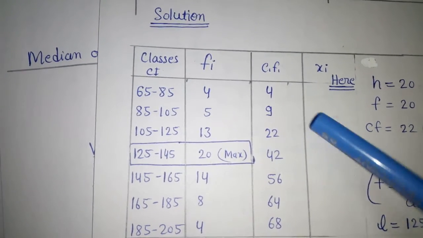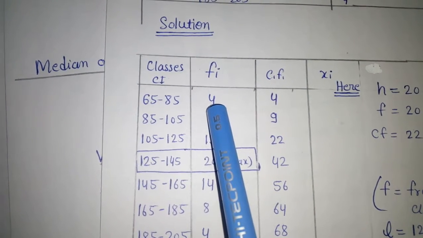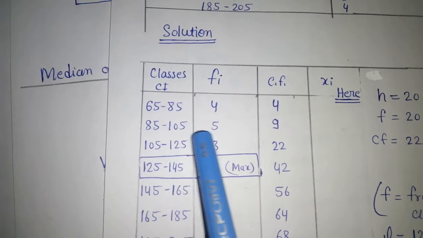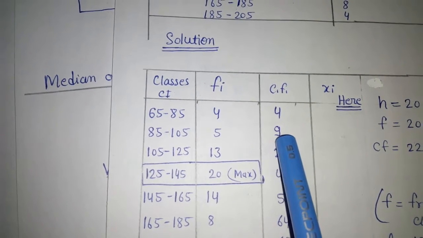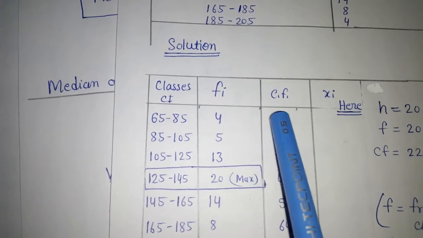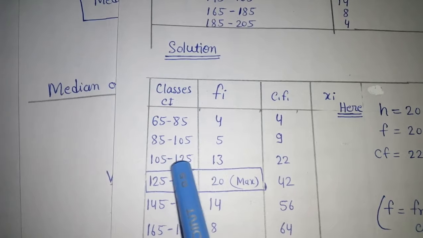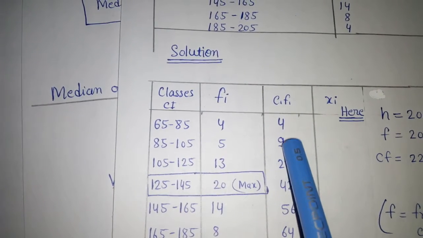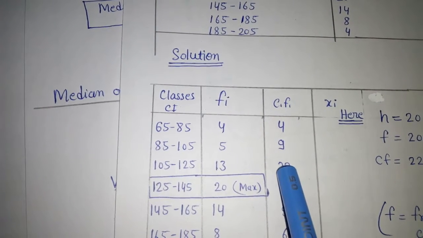Like here, the frequency of this group is 4 and the frequency of the 85 to 105 group is 5, but the cumulative frequency will be 4 plus 5, which is 9, and on the next group the cumulative frequency will be 22, because these two are added and this frequency will also be added.